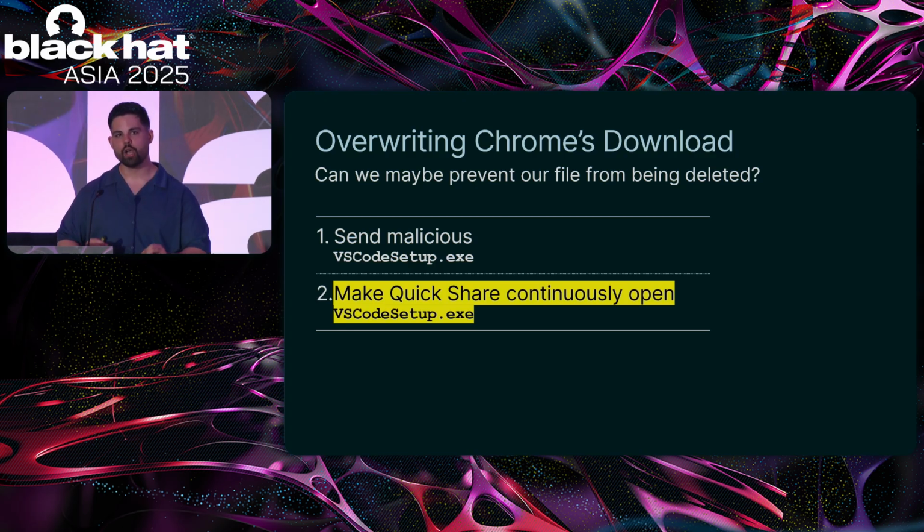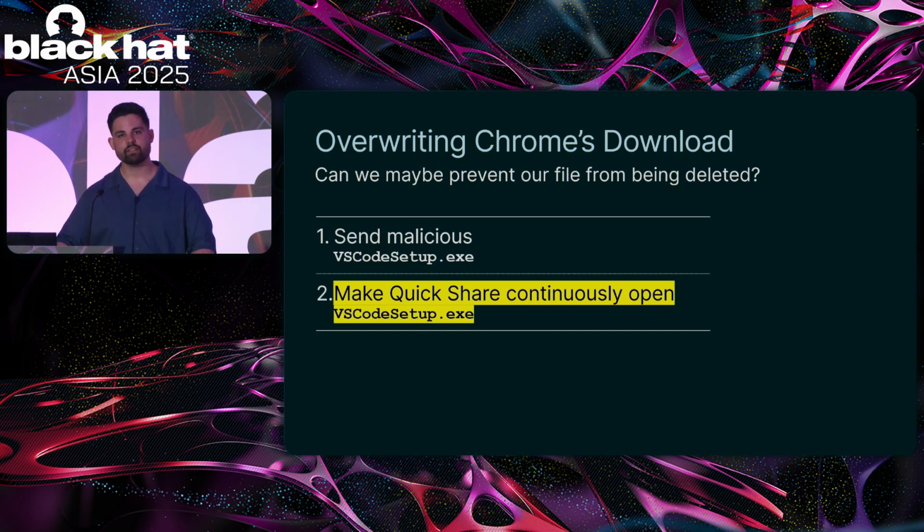If you remember, one of the results that the fuzzer found was a reproducible timeout, allowing us to repeatedly bring QuickShell into a state where it repeatedly opens a file that we choose from the downloads folder. So we thought that maybe if right after we send the file, we bring QuickShell into a state where it repeatedly tries to open our file, then since it will be used by QuickShell, Chrome will fail in overriding it.